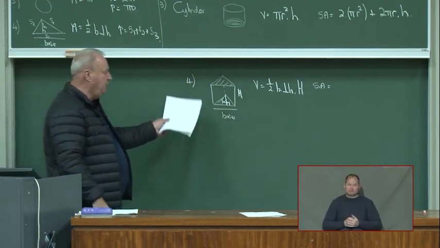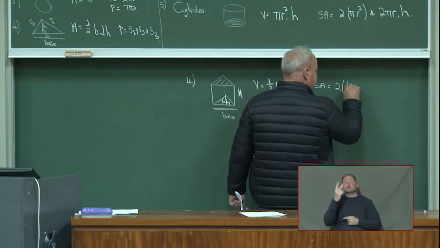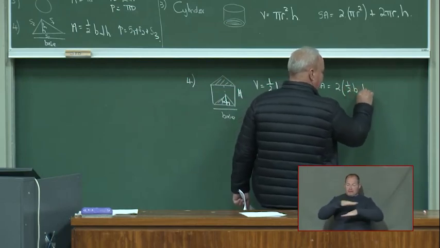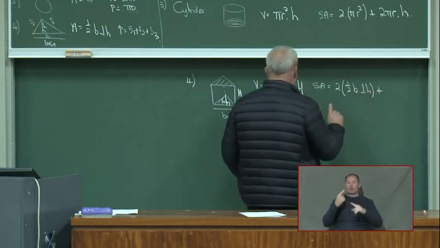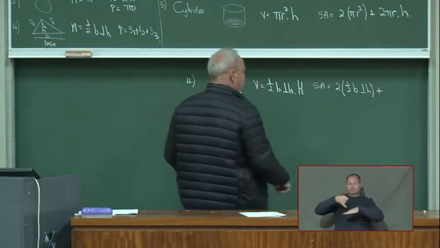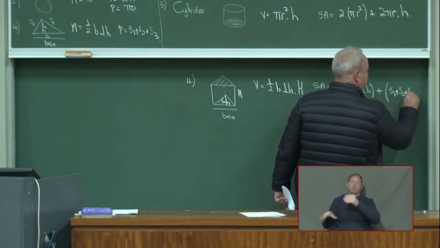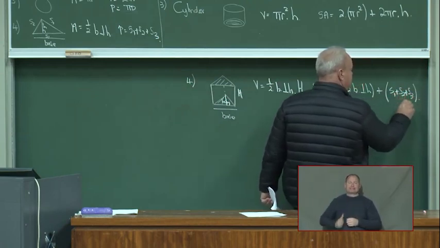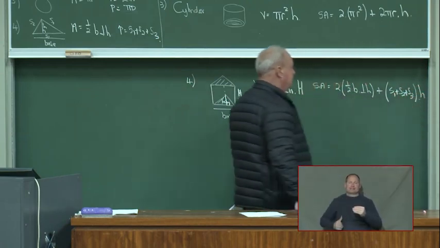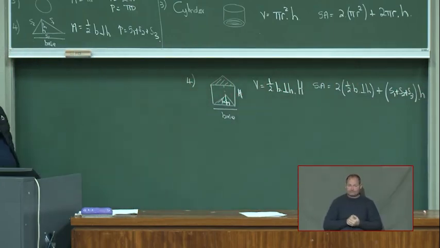And the surface area is twice the area of the base, so twice half base times perpendicular height, plus the perimeter of the base. The perimeter of a triangle is side 1 plus side 2 plus side 3, times the height. Does it make sense?